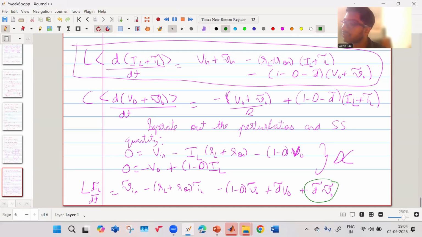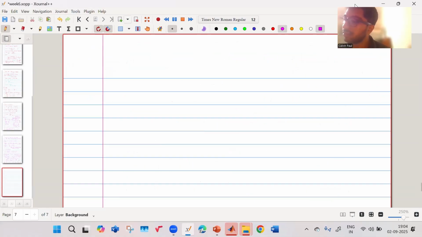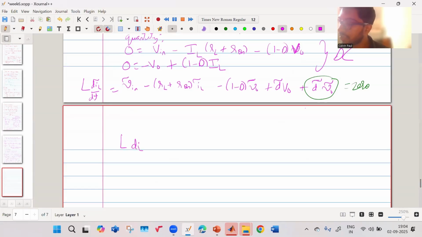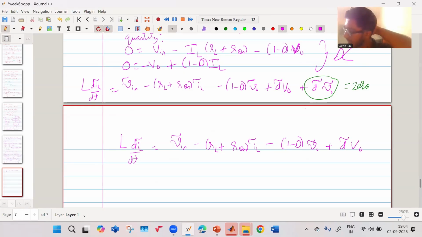We will set this to 0. We ignore this, right? So we get L dI_L perturbation/dt, that is V_in perturb minus (R_L plus R_1) into I_L perturb minus (1 minus D) V_0 perturb plus D perturb into V_0. Okay.